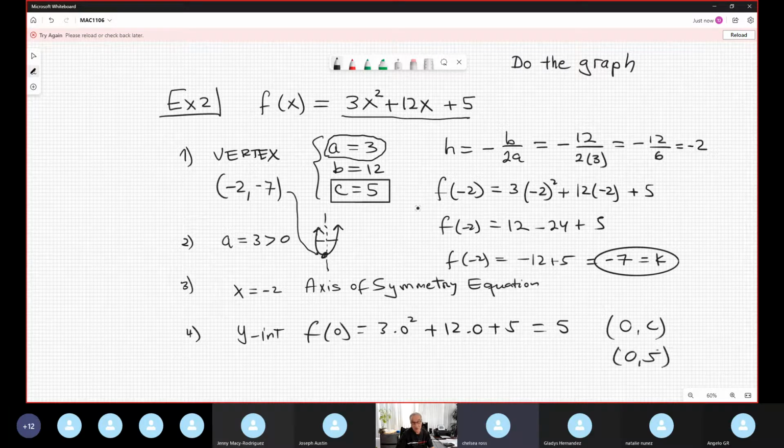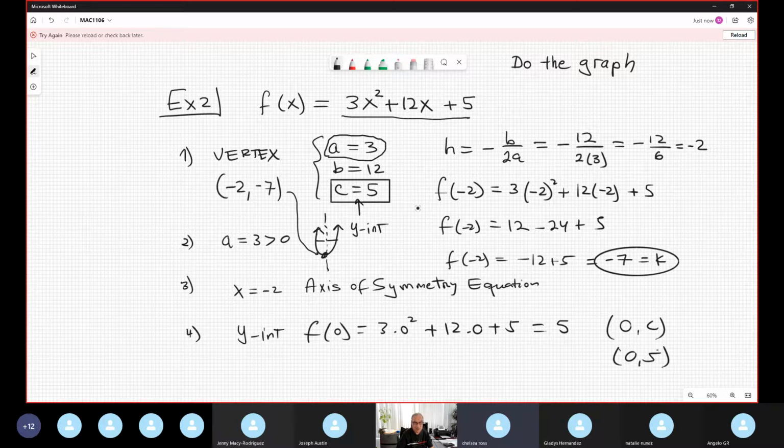Okay, so some advantages and disadvantages of the standard and vertex forms. In the standard form, you see that C is always the y-intercept. Nice, I like that.